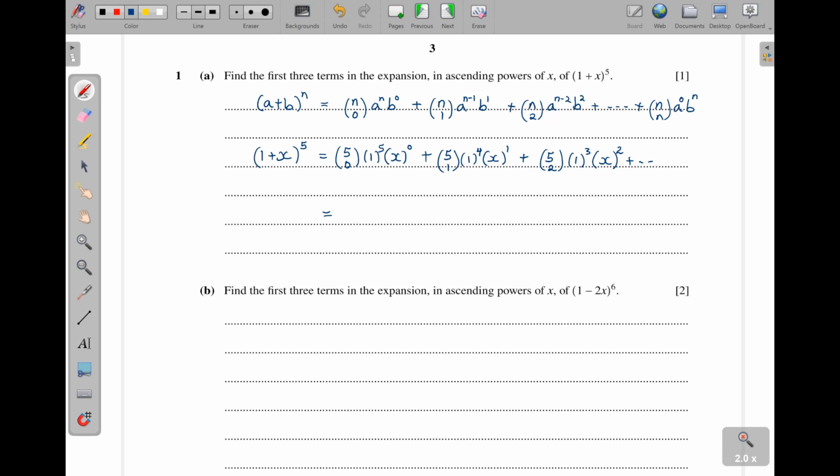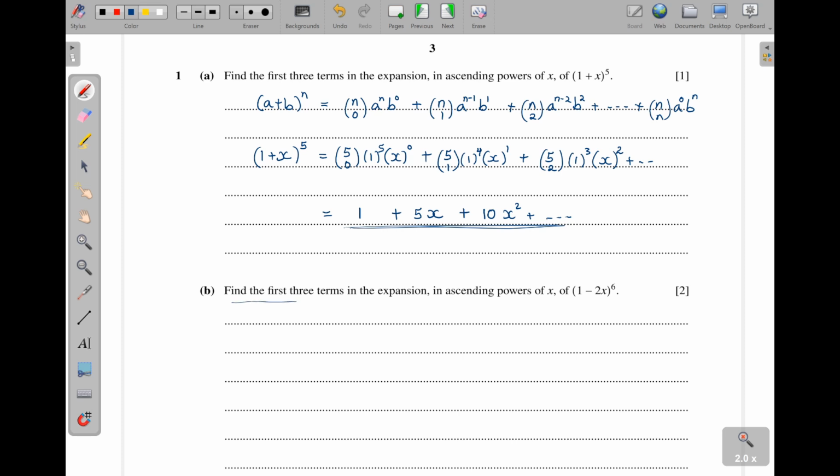Now, 5 combination 0 is of course a 1, then this one is a 1, and this one is also a 1, so we shall have a 1 here. Then 5 combination 1 is a 5, then of course this one is 1, then we shall have x. And then 5 combination 2, that will be 5 times 4, 20, divided by 2, that will be 10. So we shall have 10x squared and the rest of the terms. So this is our answer here.